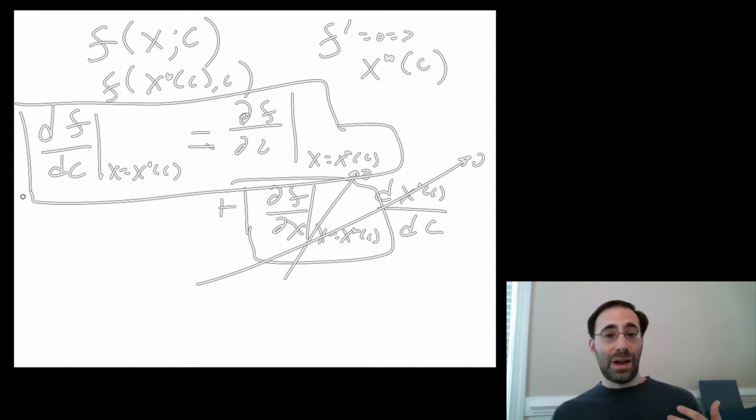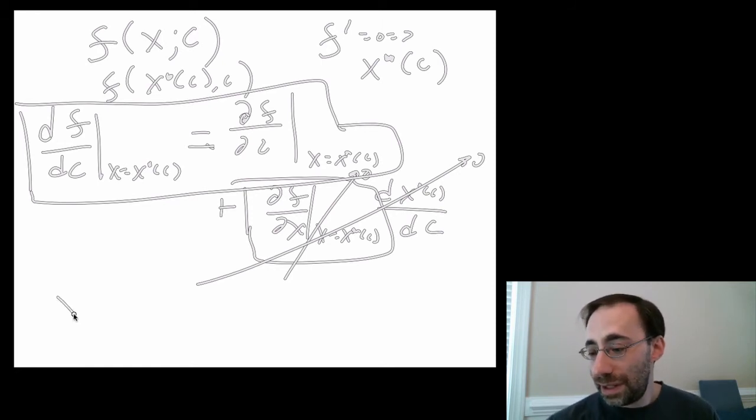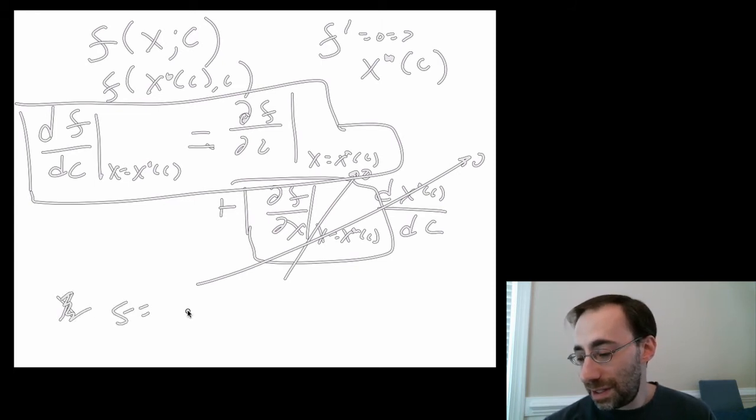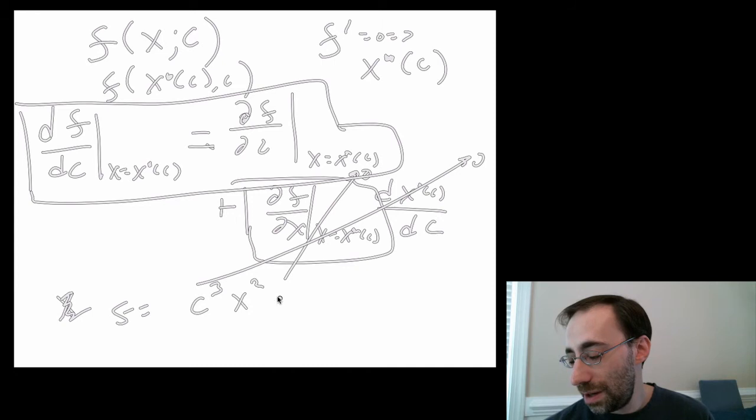How does it help us? Well, I give an example in the book. I'll give a similar one now. Let's say you have some function that's c to the third x squared minus c to the fifth.